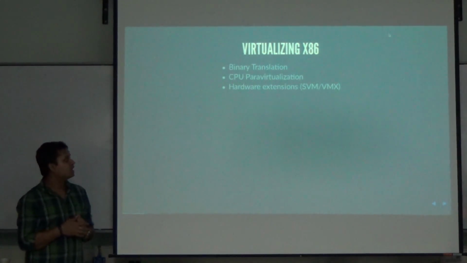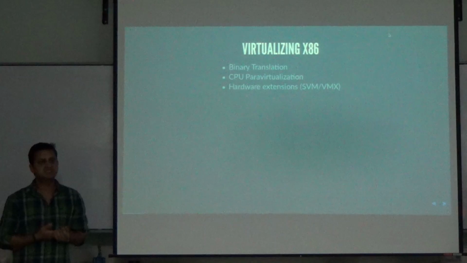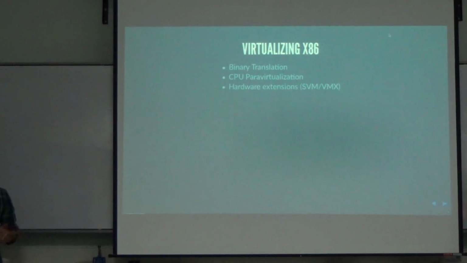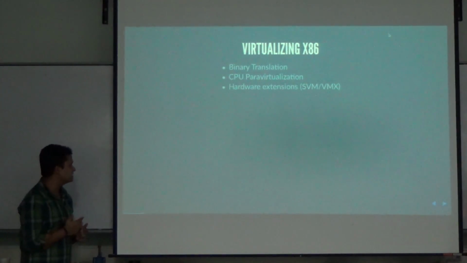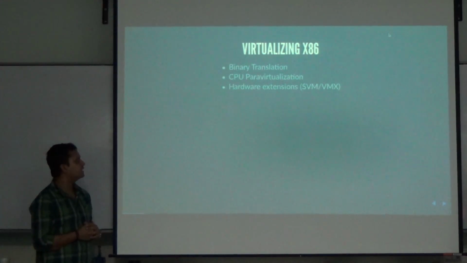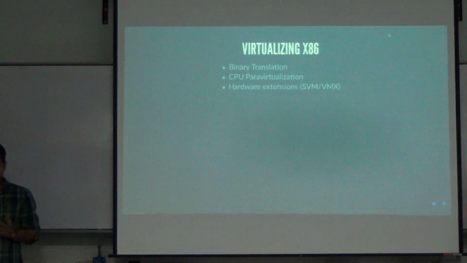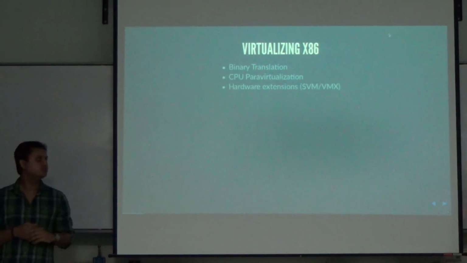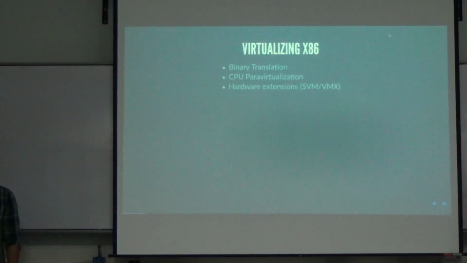And the last one, which is more recent, is hardware extensions. There are a lot of different architectures now with virtualization hardware extensions, but we are talking just about x86. SVM is for AMD and VMX is for Intel. And this is what KVM uses for providing virtualization services.